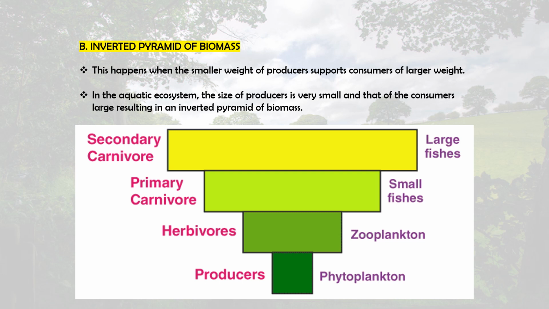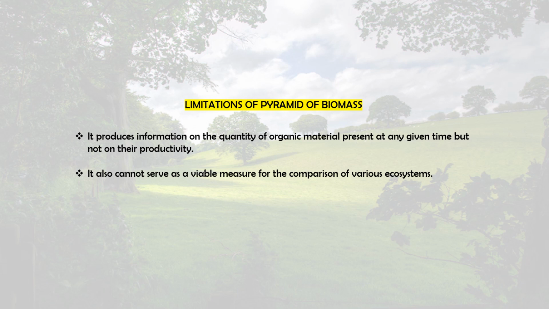So this shape of the pyramid on the basis of weight is inverted, but if we go through energy then it will become upright, which we'll discuss in the next slides. And there are also some limitations to the pyramid of biomass, like it produces information on the quantity of organic material present at any given time, but not on their productivity, how much energy or food they produce.